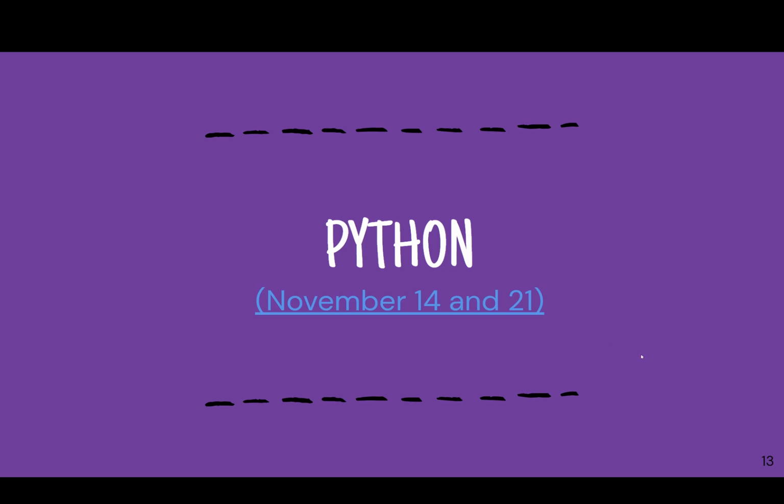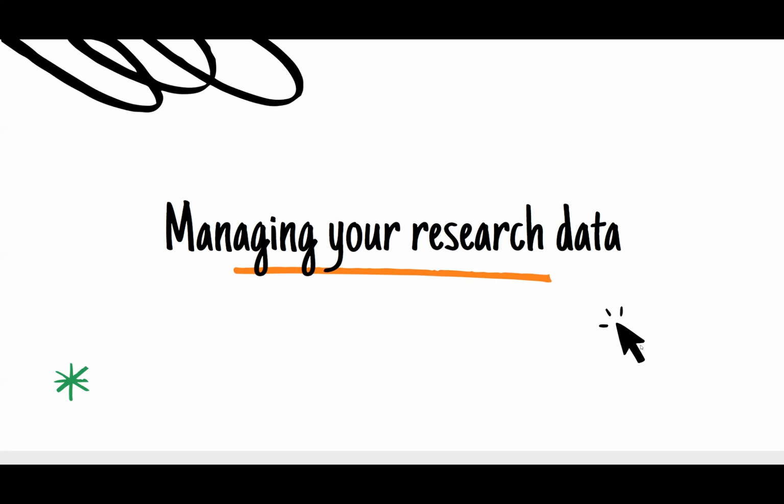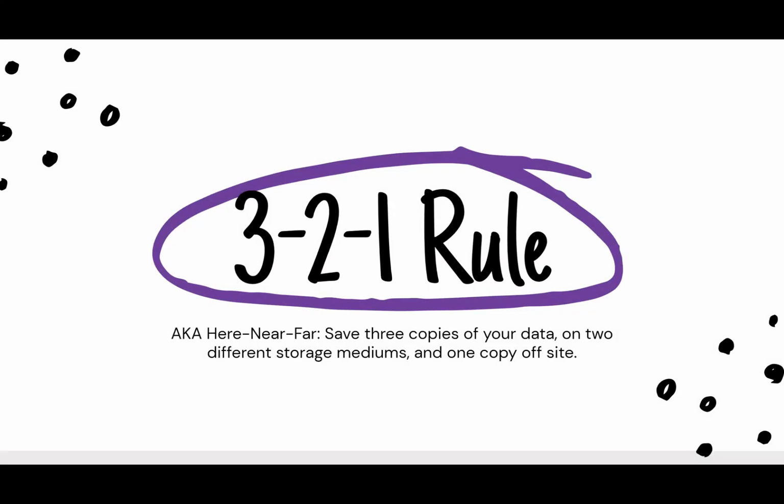Okay, perfect. So let's talk a little bit about managing your research data, because you're going to have a lot of data and what to do with it, and a few recommendations that we have. The first one, just a quick research data management 101, or in this case 3-2-1, is make sure you have 3 copies of your data, 2 on different storage mediums and 1 copy off-site.